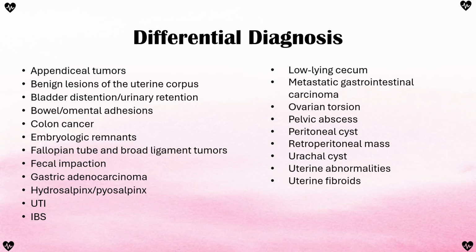So some of the diagnoses include appendiceal tumors, benign lesions of the uterine corpus, bladder distension or urinary retention, bowel adhesions, colon cancer, embryologic remnants, fallopian tube and broad ligament tumors, fecal impaction, gastric adenocarcinoma, hydrosalpinx, UTI, IBS, low-lying cecum, metastatic gastrointestinal carcinoma, ovarian torsion, pelvic abscess, peritoneal cyst, retroperitoneal mass, urachal cyst, uterine abnormalities, and or uterine fibroids.